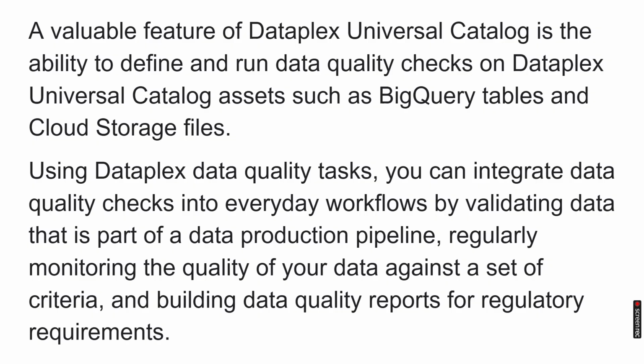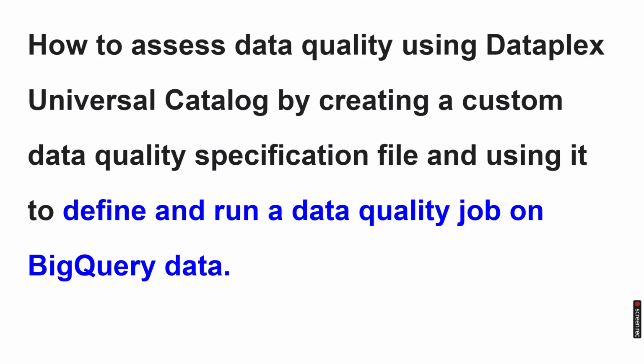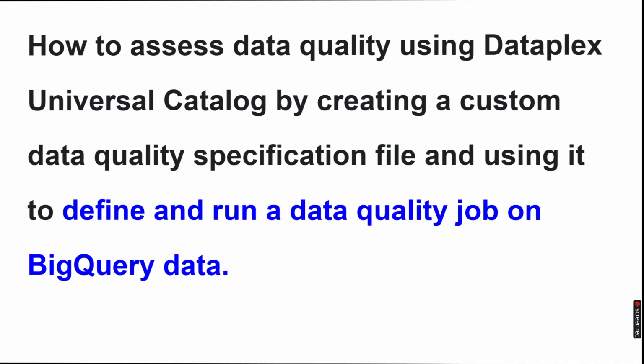In this demo, we are going to see how to assess the data quality using Dataplex Universal Catalog by creating a custom data quality specification file and using it to define and run a data quality job on BigQuery data.